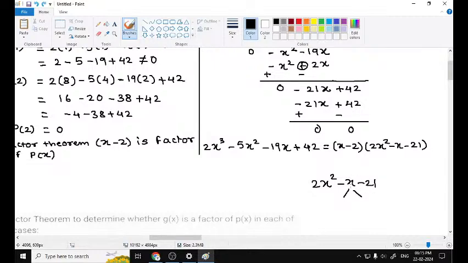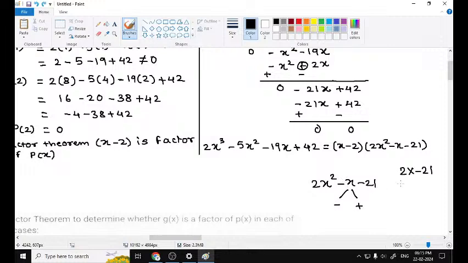We are going to split this middle term such that product of these two terms will be equal to 2 into minus 21, and this product is negative, so numbers will have different signs. So difference of those two numbers is equal to middle term, and that is equal to 1.